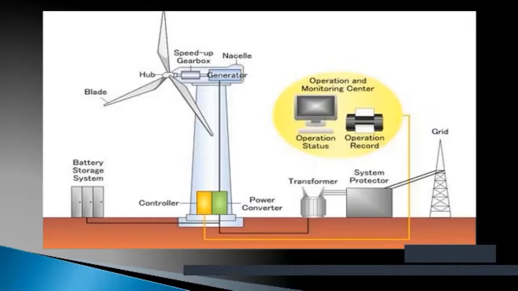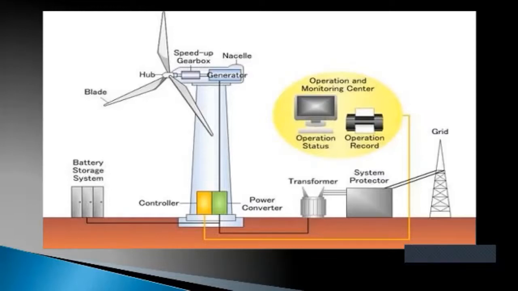The controller unit is connected by using a PLC SCADA system or any digital system. We can connect to the operation status and operating and monitoring center. From that location we can control the operation of the wind turbine.